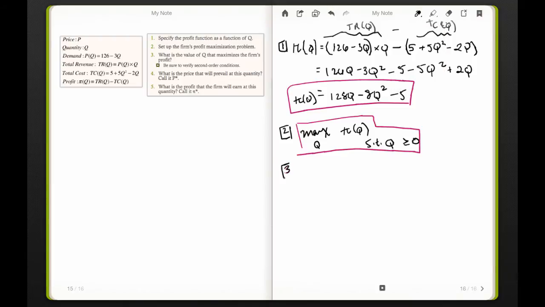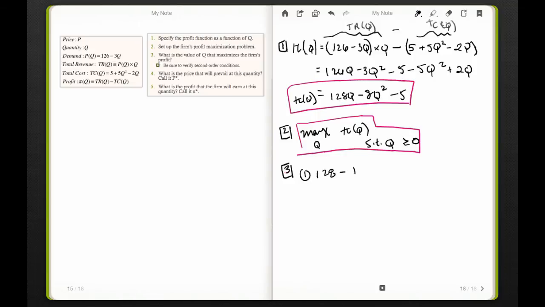And then the third one asks us, what is the value of Q that maximizes the firm's profit? Be sure to verify second order conditions. So this is just an optimization problem. I'm going to find the stationary point of this profit function, and then I'm going to ensure that it is indeed a maximum and not a minimum. So the first thing we need to do is set the first derivative of this objective function equal to 0.